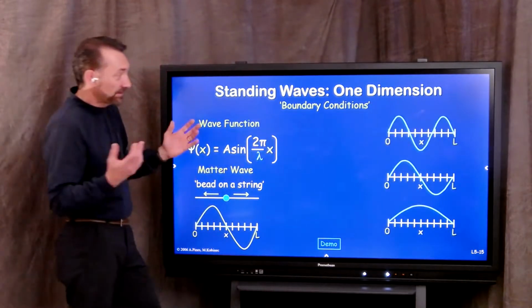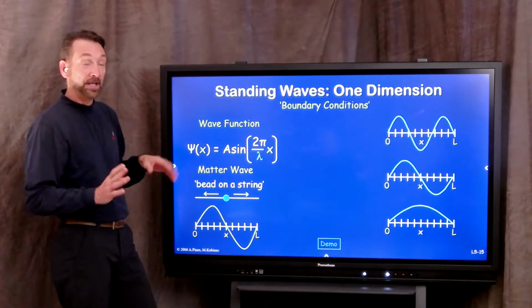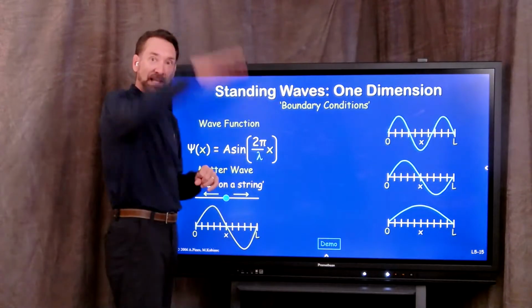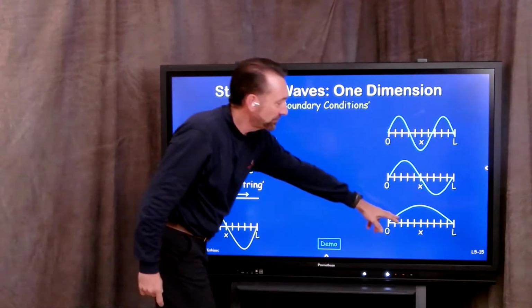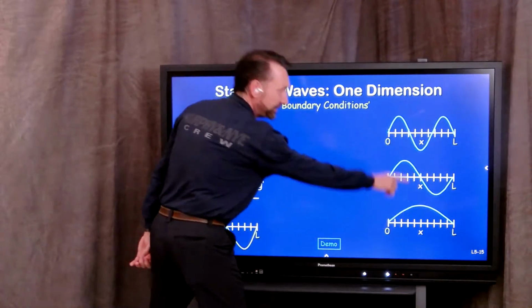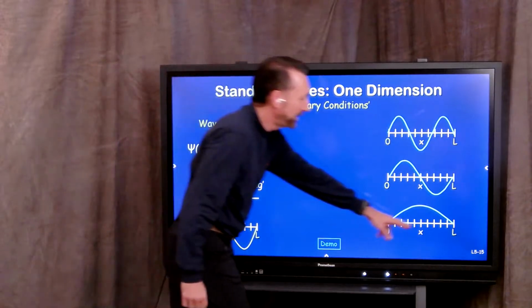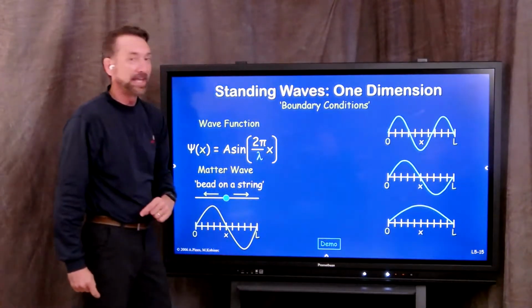Well, it turns out it's a standing wave. We talked about standing waves earlier. You can have traveling waves, and you can have waves that stay in one place and just go up and down. And this is what I've drawn here, waves going up and down along a string or in a system of length L.